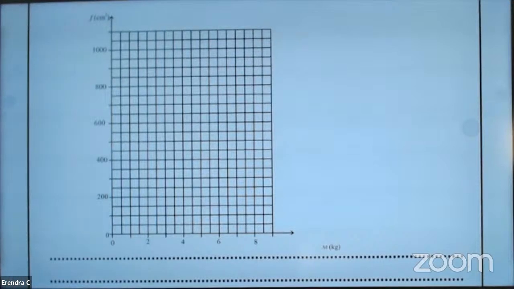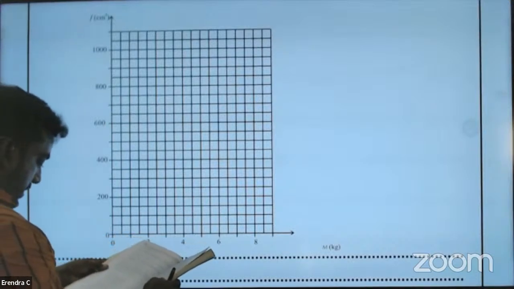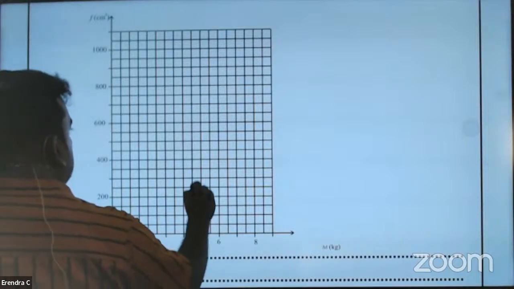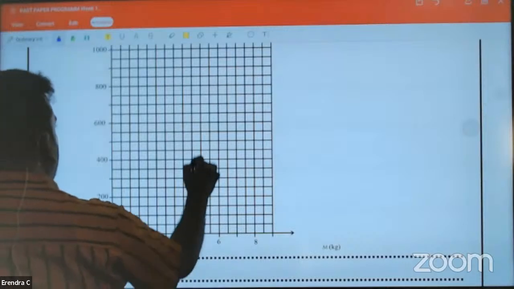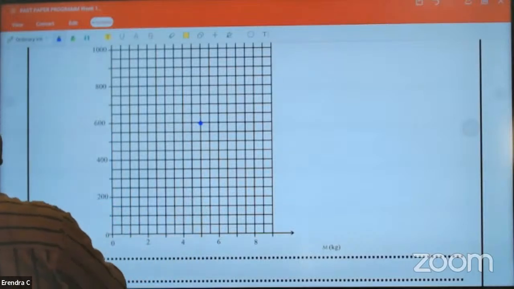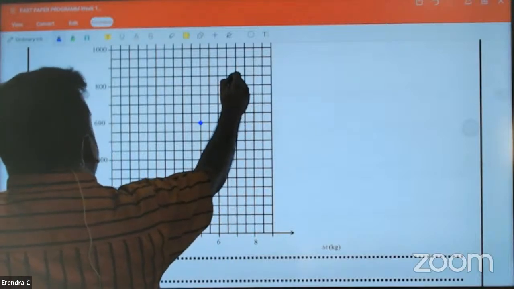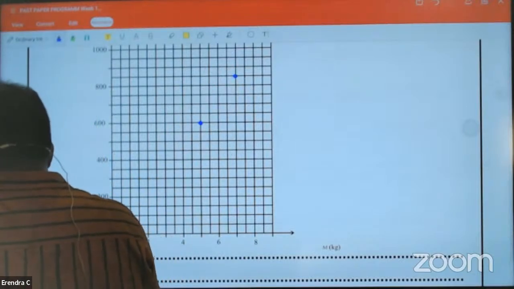If I show it here, it goes through 605. It goes through 7850. What else?